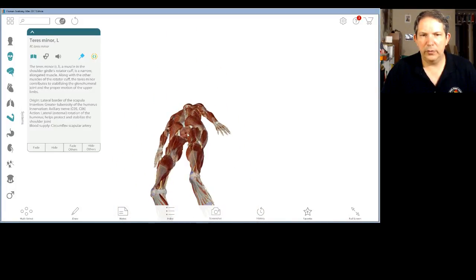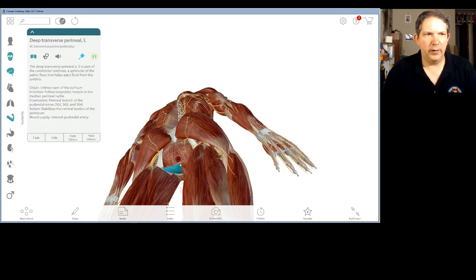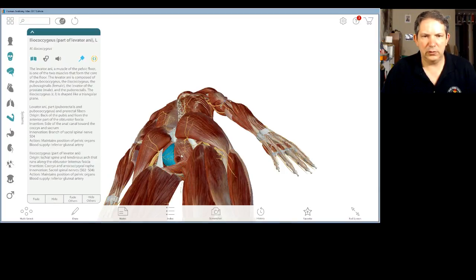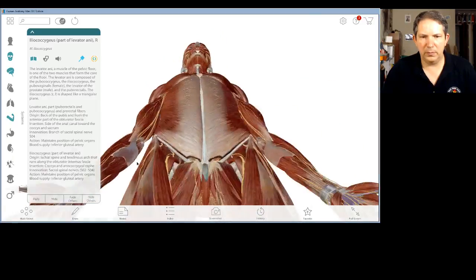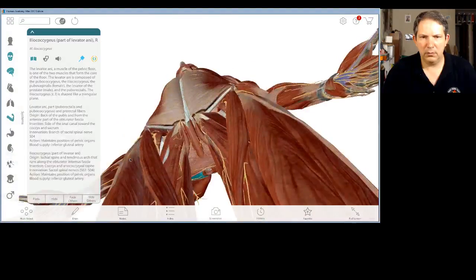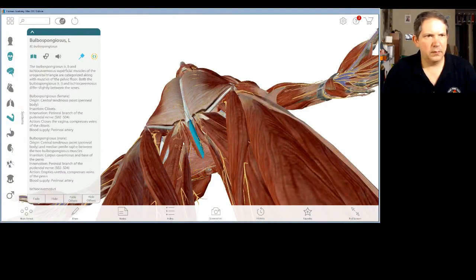And lastly would be the iliococcygeus and the deep transverse perineal, just some muscles of the pelvic floor. And there are others, but they're reproductive.